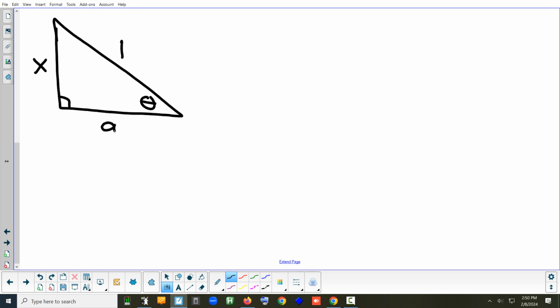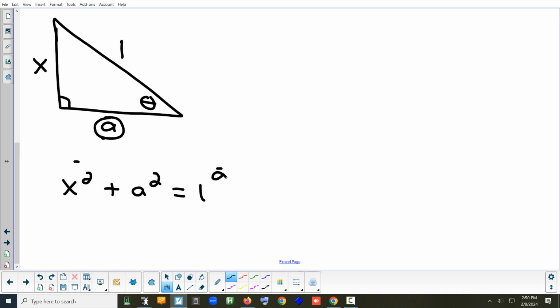We're not going to be able to figure that out until we figure out what this side is. I have the other two sides, x and 1. So how can I write an expression for the third side? Use the Pythagorean theorem. So x squared plus a squared equals 1 squared.